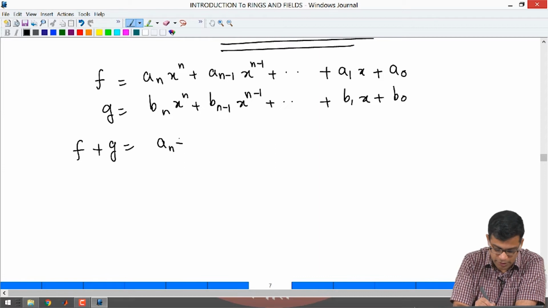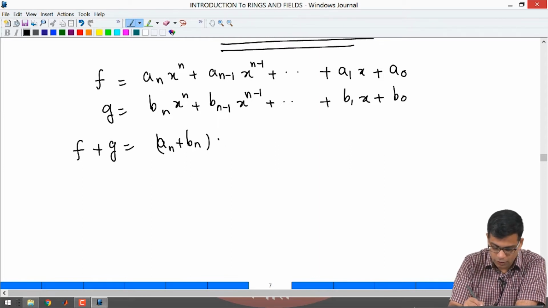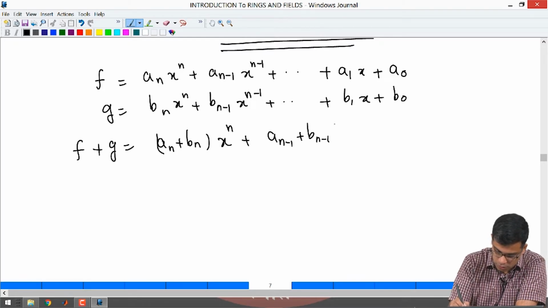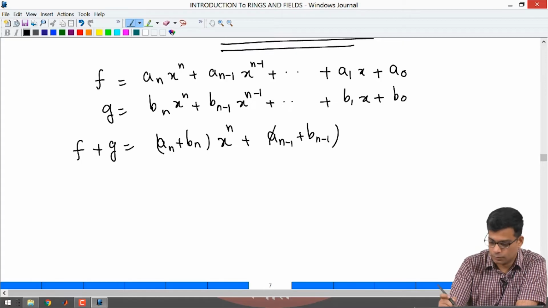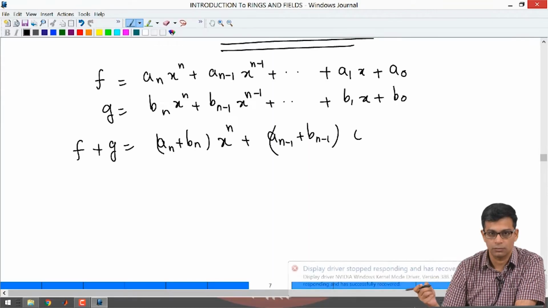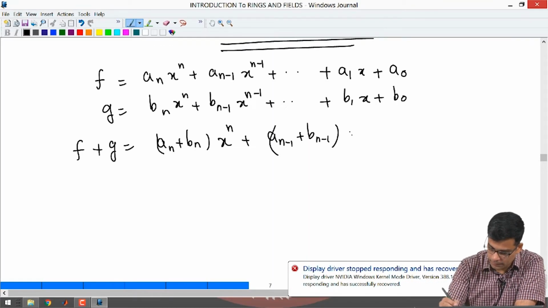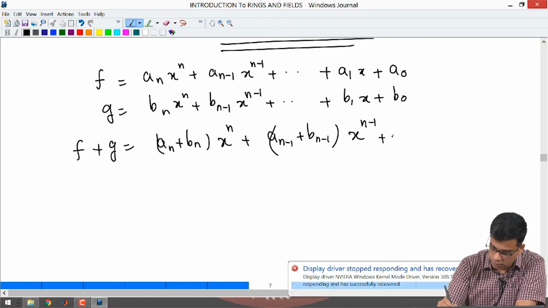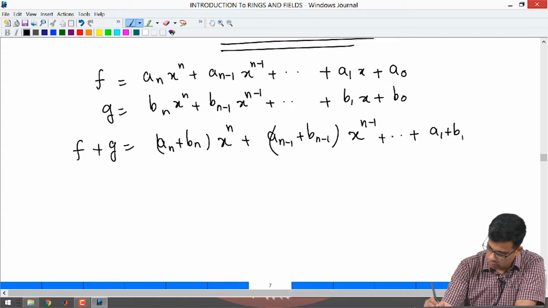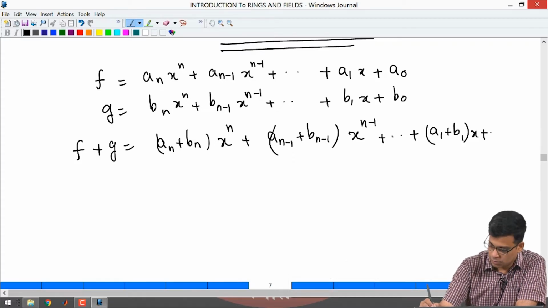This will be (a_n plus b_n) x^n, (a_{n-1} plus b_{n-1}) x^{n-1}, and so on, (a_1 plus b_1) x plus (a_0 plus b_0).